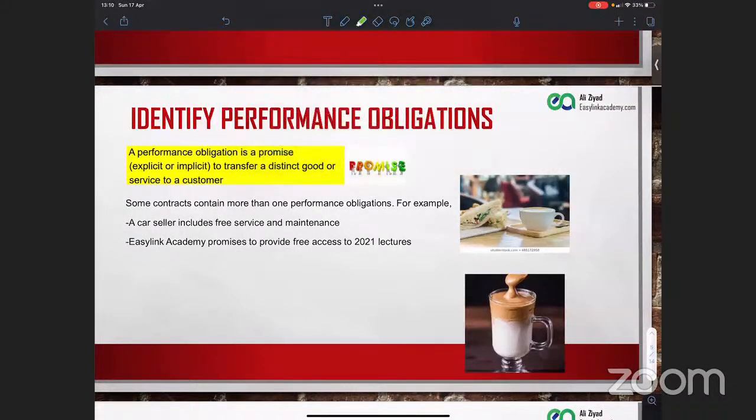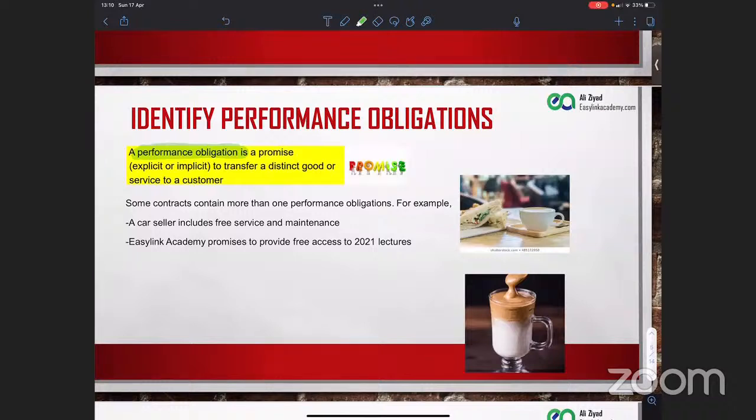However, there are a few more criteria to know whether that is a separate performance obligation or not. How do you identify whether something is a separate performance obligation? Simply, you ask one question. First of all, Dialog is giving talk time, data, as well as SMS.